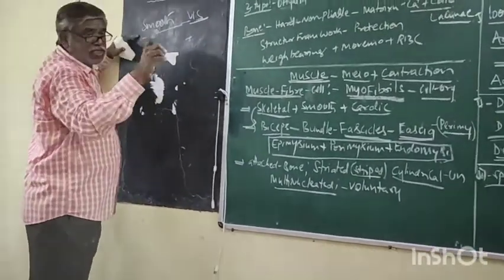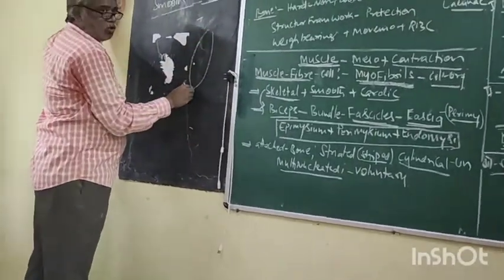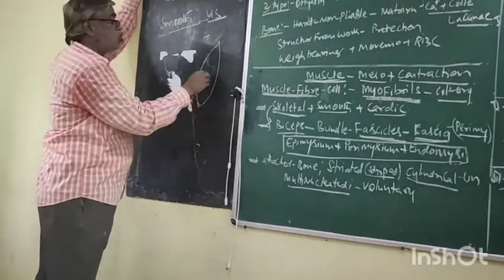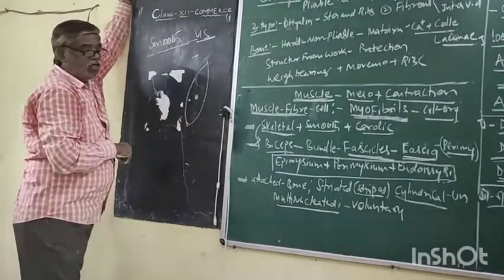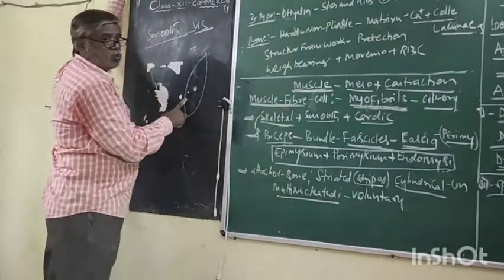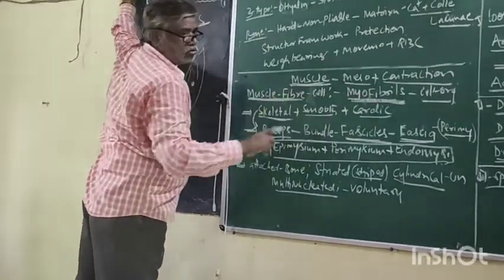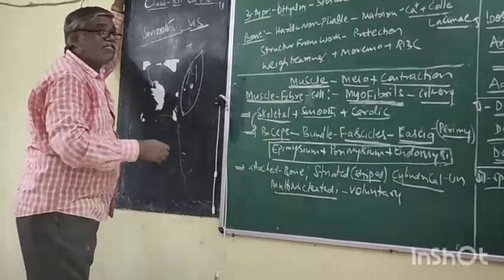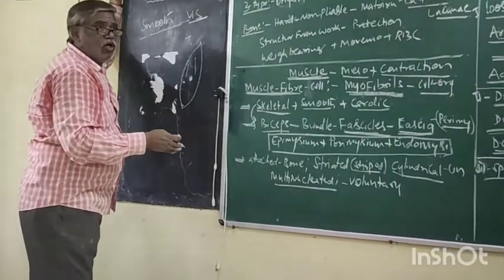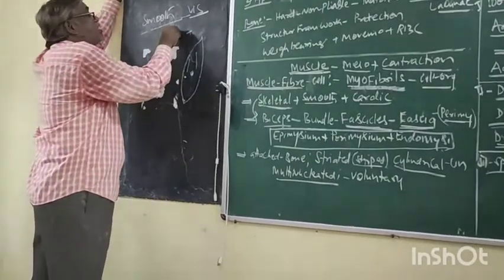Now, one cell of smooth muscle is spindle shaped, not cylindrical, with tapering ends, uninucleated. Skeletal muscle is multinucleated. The cytoplasm contains myofibrils, but they are zigzag. Hence, when you see under an electron microscope, the stripes do not appear. Hence, it is unstriated muscle.